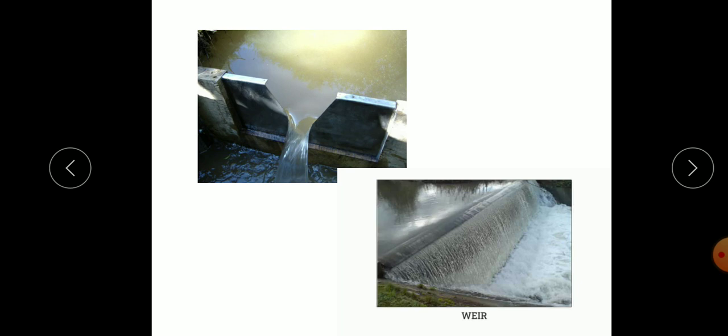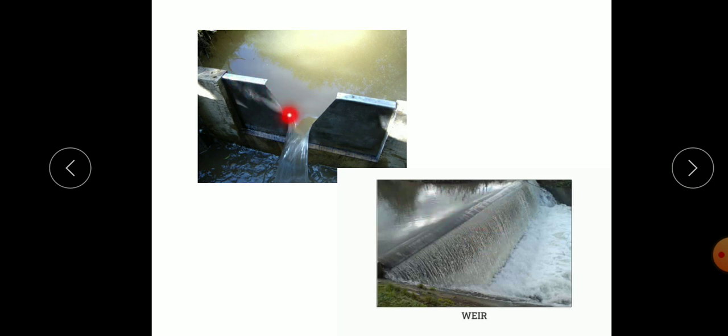The second type is the weir. Here the flow of the water takes place above the top edge of the weir. A weir is basically in dams or open channels where the water freely discharges over it; it is a masonry or concrete structure over which water flows.